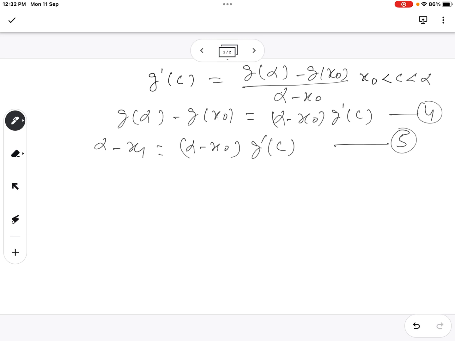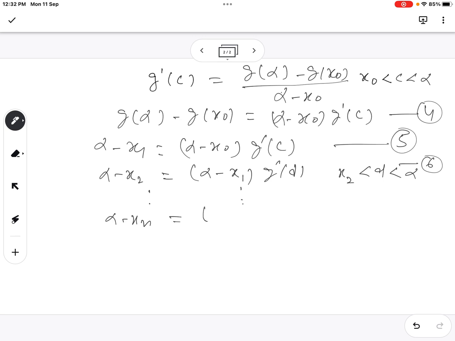Let us say this is equation number 5. Similarly, I can write alpha minus x2 is equal to alpha minus x1 into g prime d, where d is between x2 and alpha, and if I continue, alpha minus xn is equal to alpha minus xn minus 1 into g prime p, where p is between xn minus 1 and alpha.